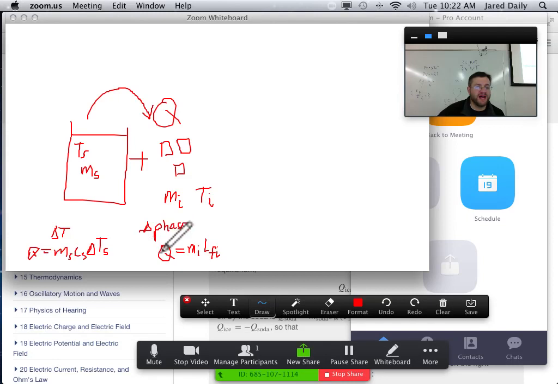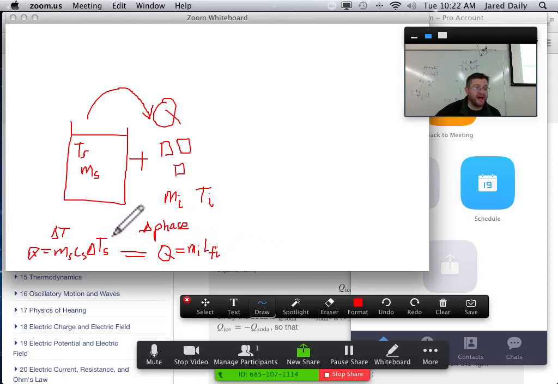And these two Q's have to be what? They do, because the heat's coming from here and going to here and it's not getting lost in between. So these two things are equal, right? So that's the whole problem right there. m_s c_s delta T_s equals m_i L_f,i.